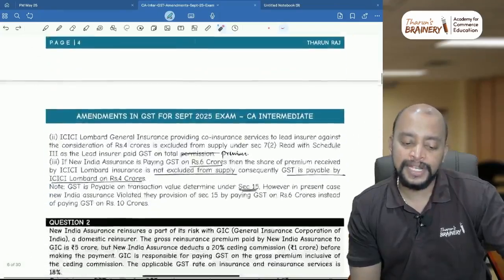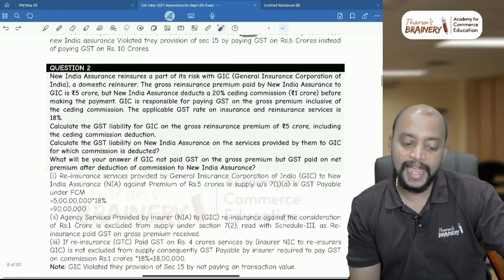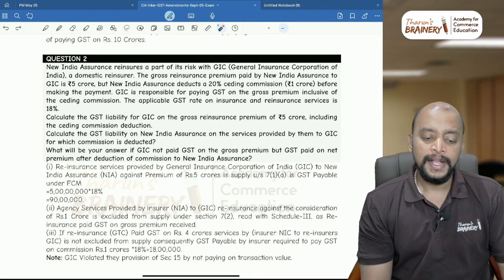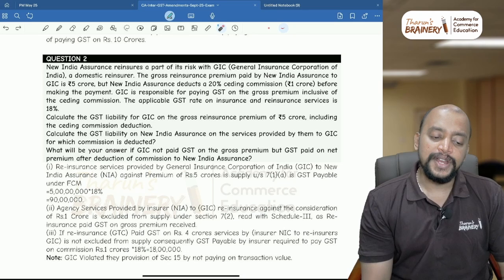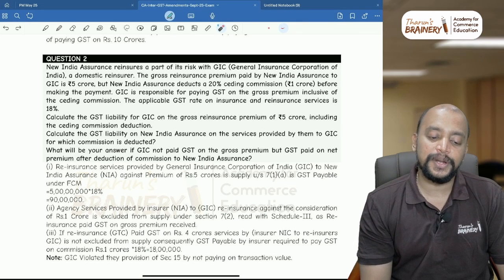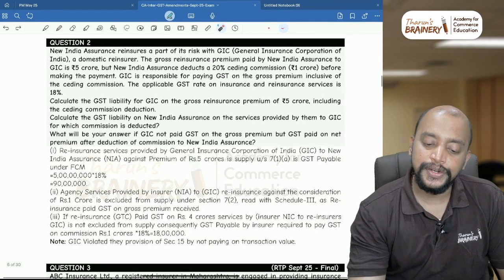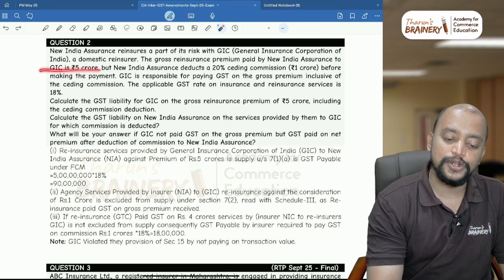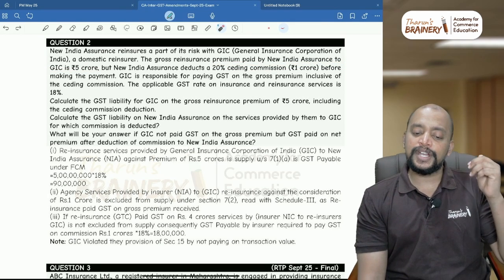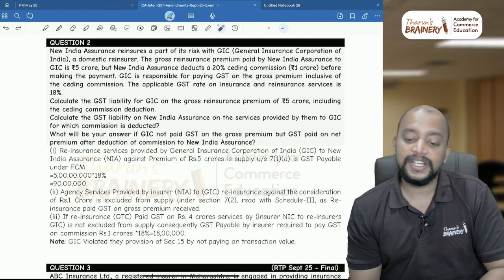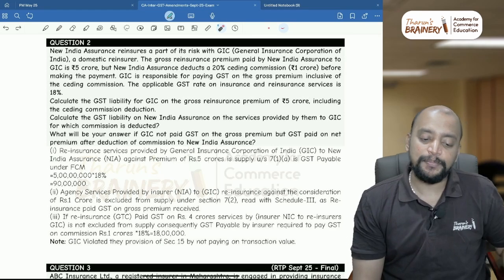Okay. Now related to this reinsurance commission, I gave one illustration. Have a look into this. Question number 2. New India Assurance reinsures a part of its risk with GIC, General Insurance Corporation of India, a domestic reinsurer. The gross reinsurance premium paid by New India Assurance to GIC is rupees 5 crore, but New India Assurance deducts a 20% ceding commission, that is 1 crore, before making the payment.